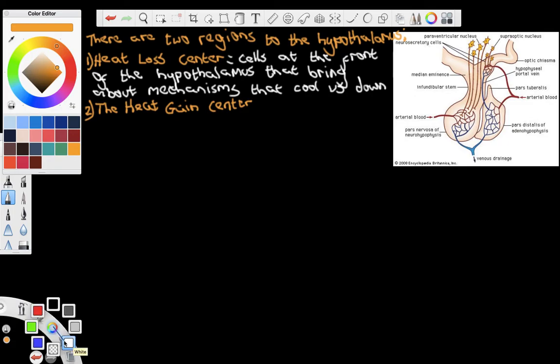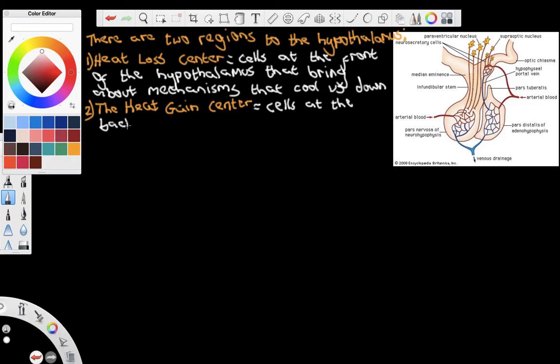So these are cells at the back of the hypothalamus that bring about mechanisms that warm us up.